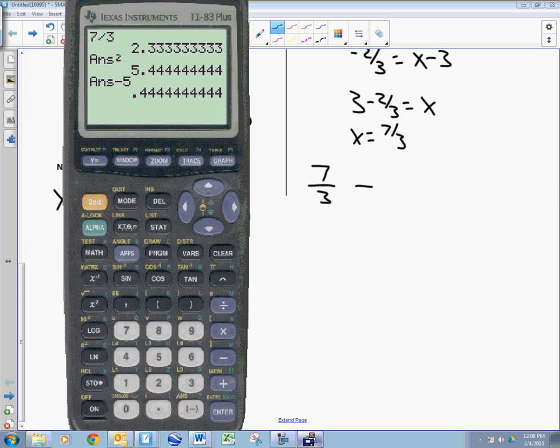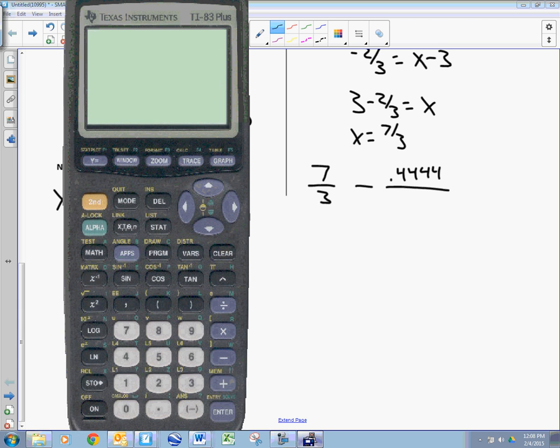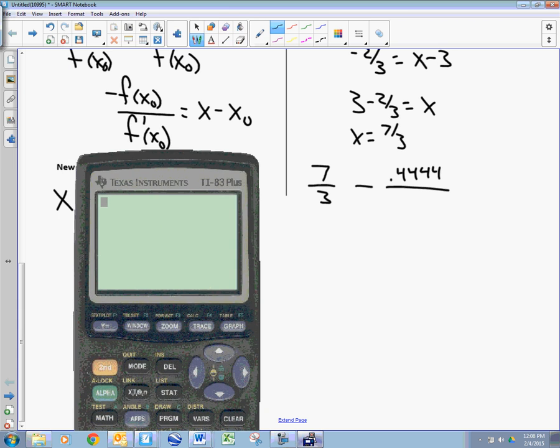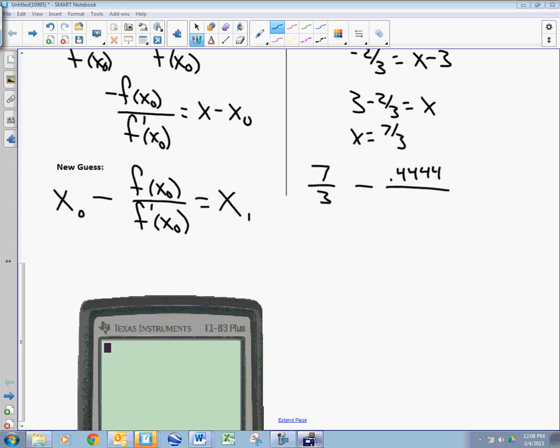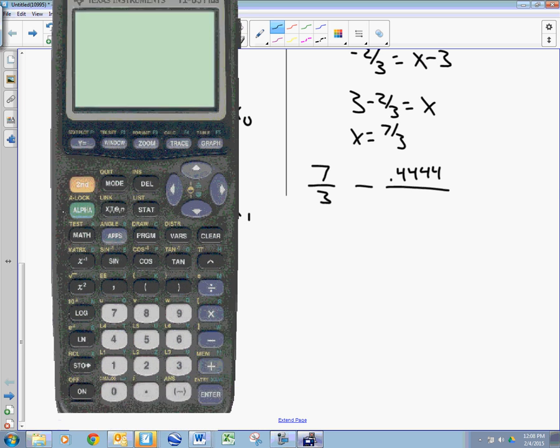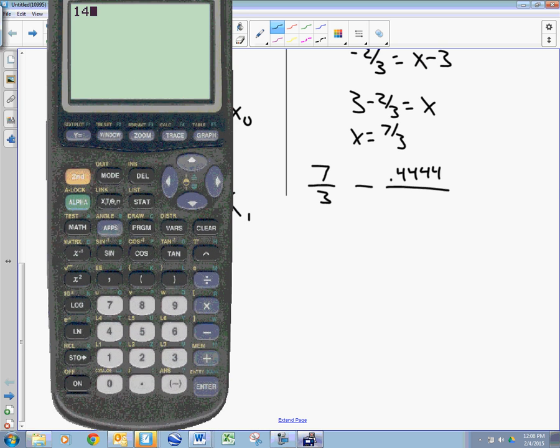I get 0.44. Divided by f prime of x sub 0. So f prime was 2x. So I take 2 times 7/3, so 14 over 3, and I get 4.6 repeated.